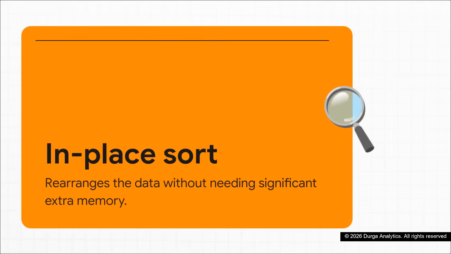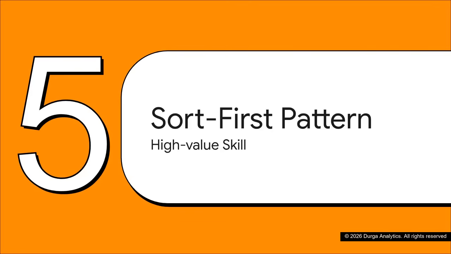Remember, merge sort requires duplicate arrays to process the merging, meaning it eats up extra memory. Quicksort mostly swaps items right where they already sit. Knowing how to match the algorithm to your actual hardware constraints, that is the absolute hallmark of a true senior engineer. Which leads us to our final topic today, Section 5, the sort first pattern.